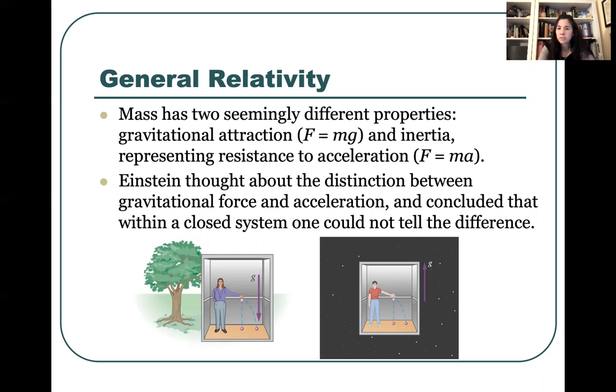As it turns out, if you were to drop a ball, or practice any projectile motion with the ball as you would on Earth, you wouldn't be able to tell if what you're seeing is because you're at the surface of the Earth, or because you are in a system that is accelerating.